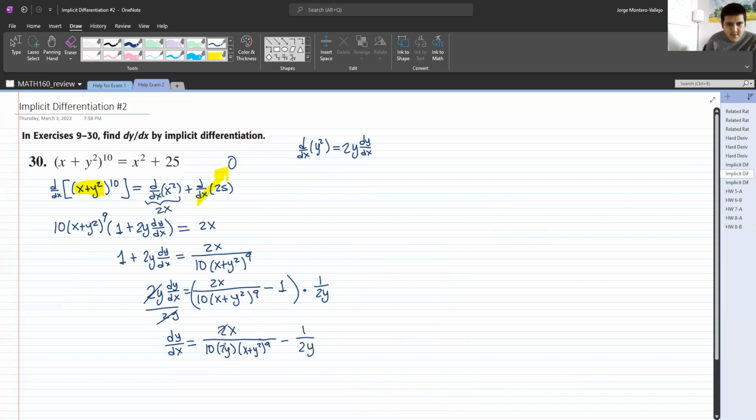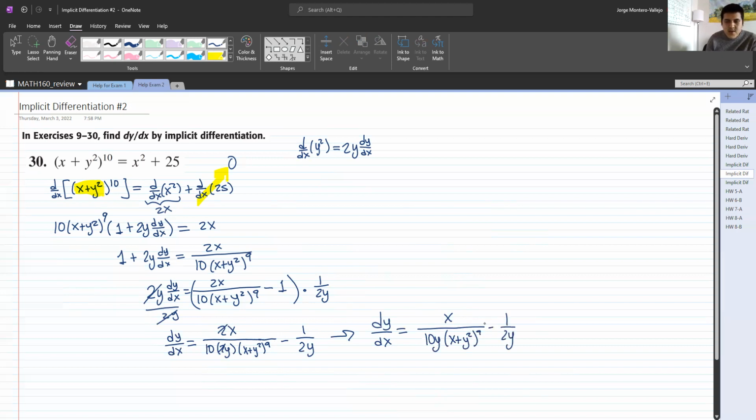I can simplify this a bit more. The 2's cancel out, and I'll be left with dy/dx being equal to x divided by 10y, right? And then (x plus y squared) raised to the 9th power minus 1 over 2y.